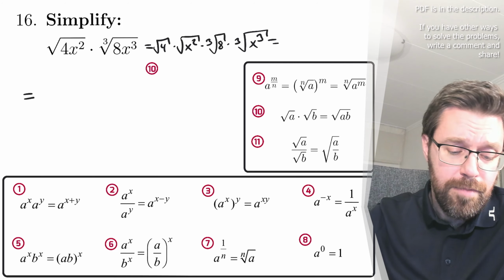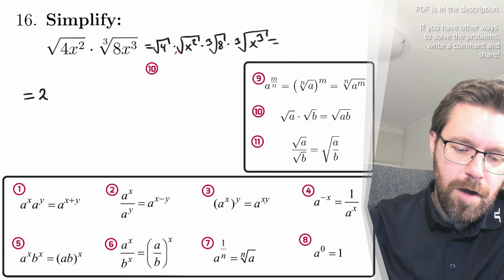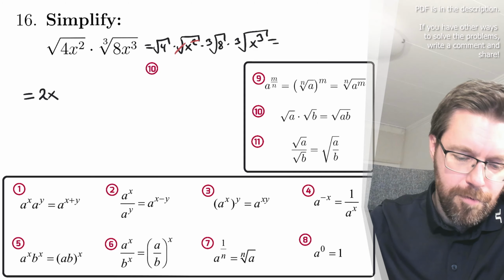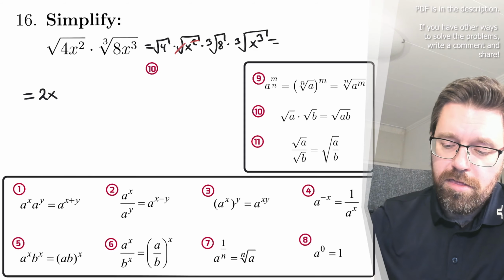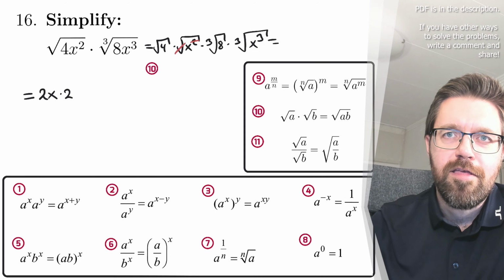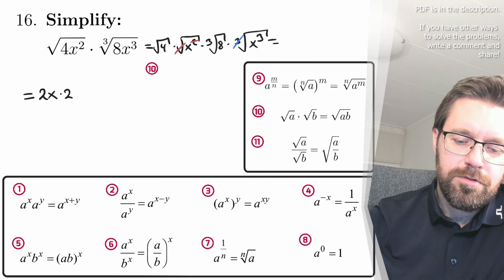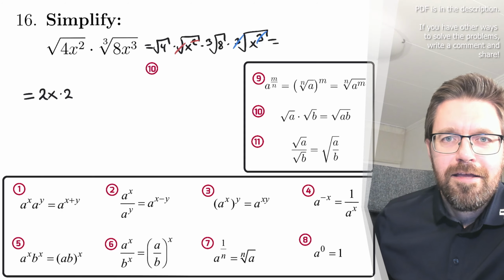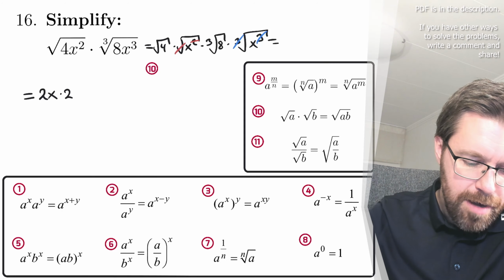Square root of 4 equals 2, because 2 times 2 equals 4. Then the square root and the exponent 2 cancel each other out, so we have only x here. The cube root of 8 equals 2, because 2 times 2 times 2 equals 8. And then the cube root of x raised by 3, then the cube root and the exponent cancel each other out, and then it will be only x.